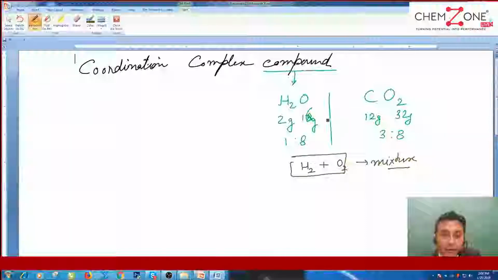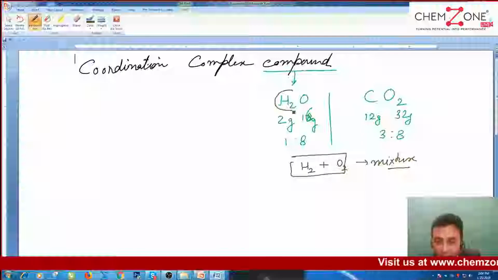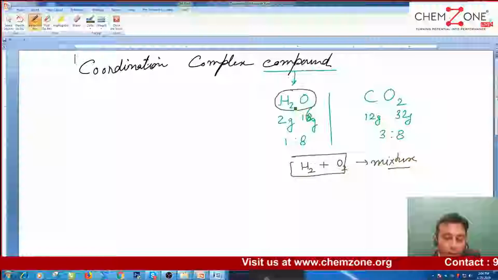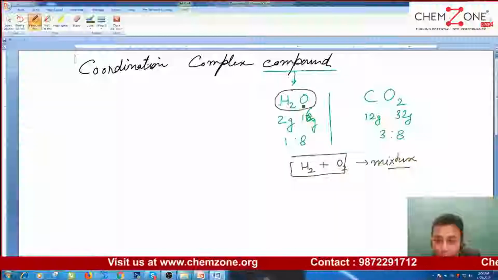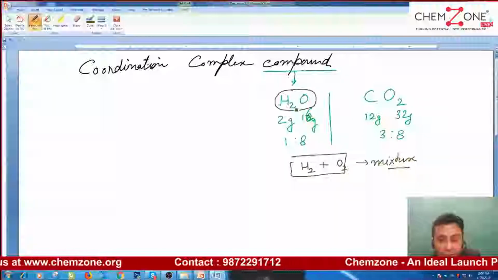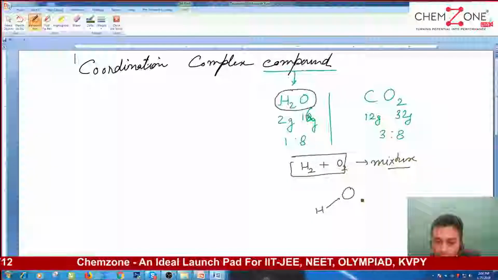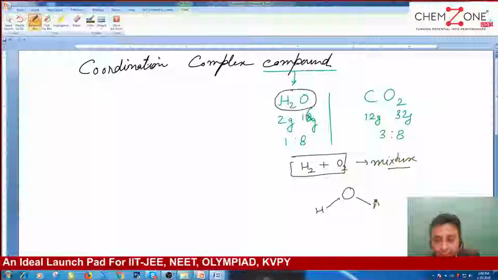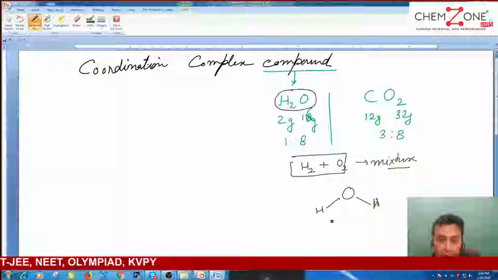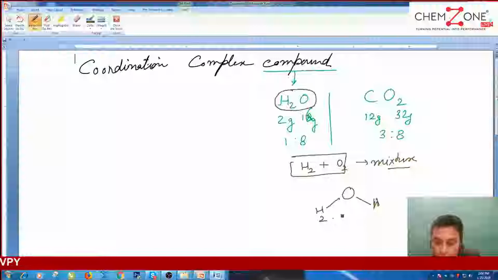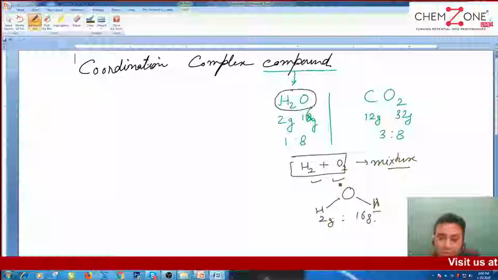I told you, a compound is a unit of a pure substance in which two or more elements have some type of bonding. H and OH are bonded. Right, in a definite type of ratio, and in that particular compound, 2 grams of hydrogen is combining with 16 grams of oxygen. Otherwise, it will be just a mixture of the two.